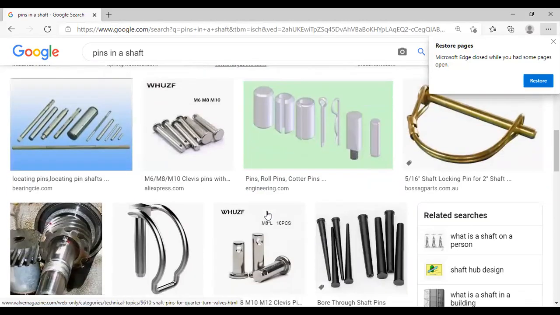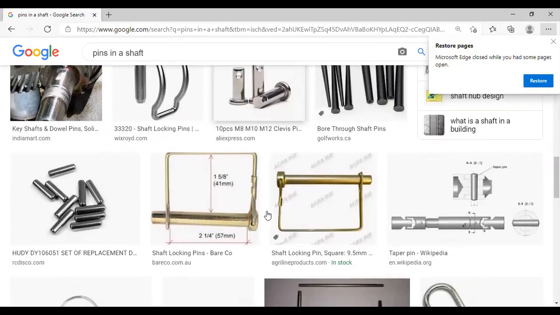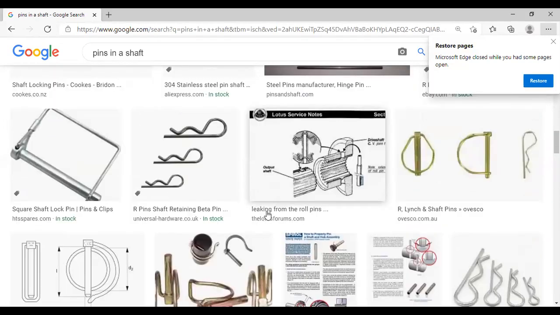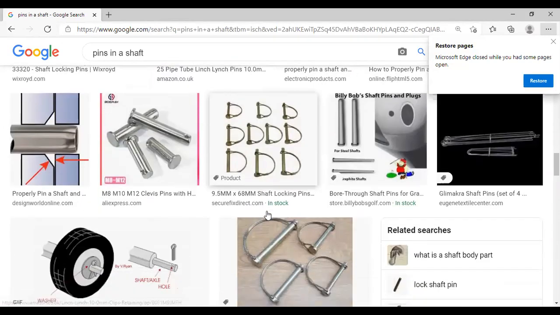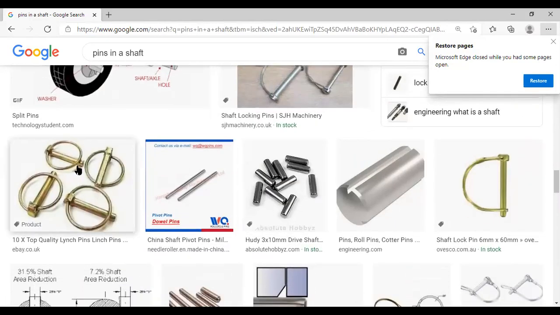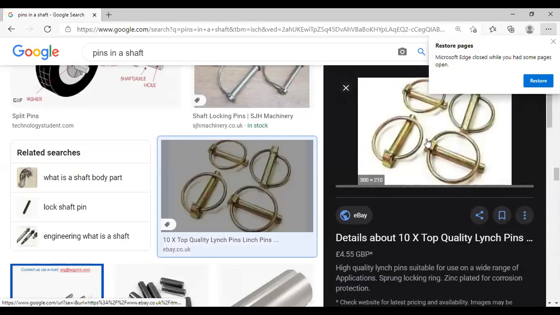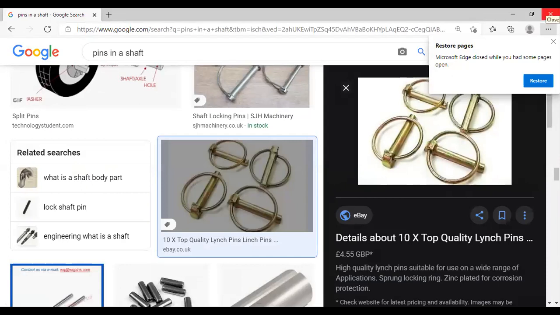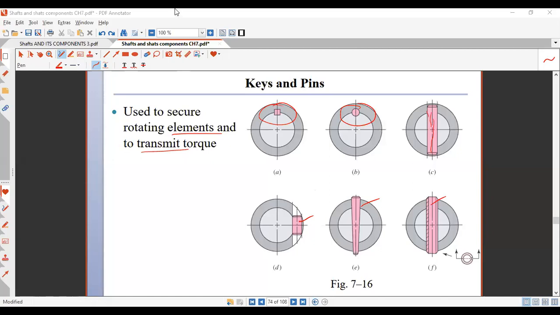You see them. So these pins are also standard pins. You would have seen these in your tractor plows. You insert them in there. Now, so let's see.